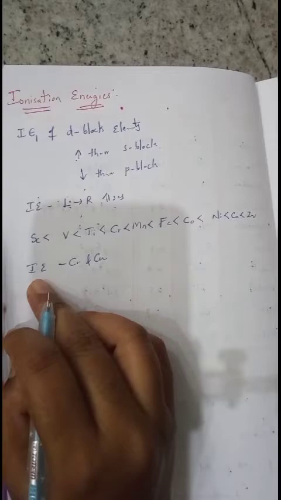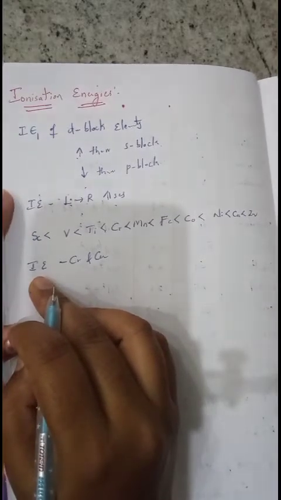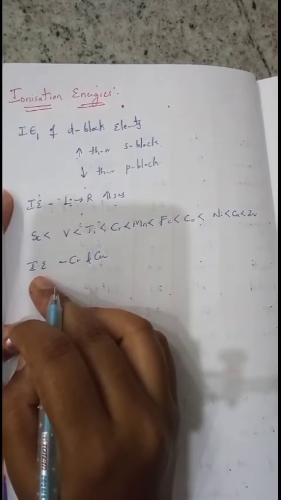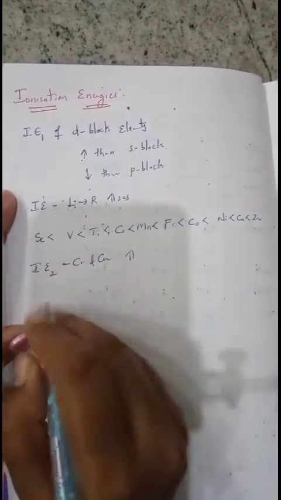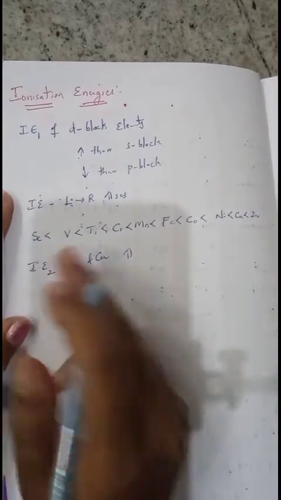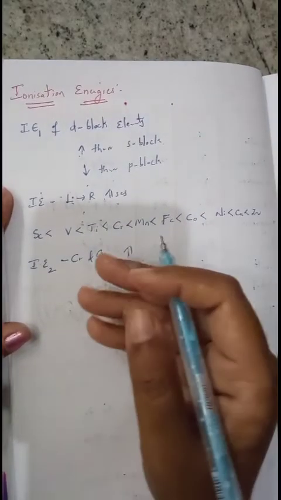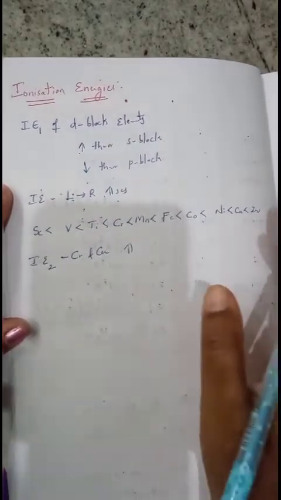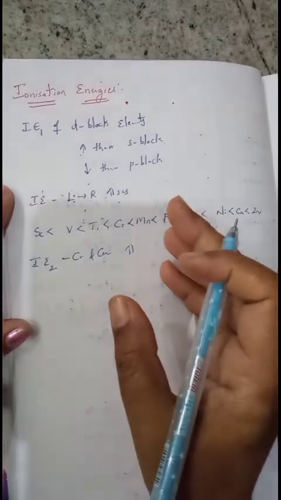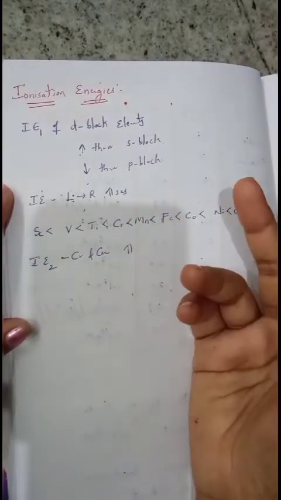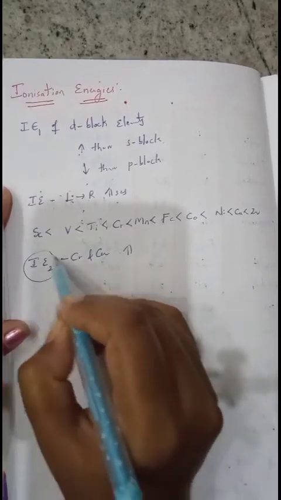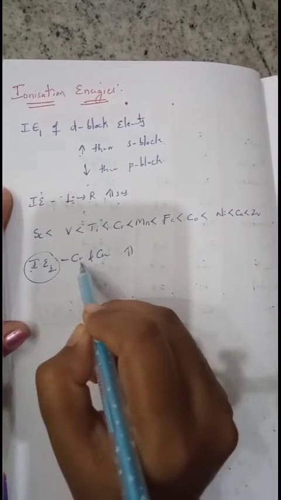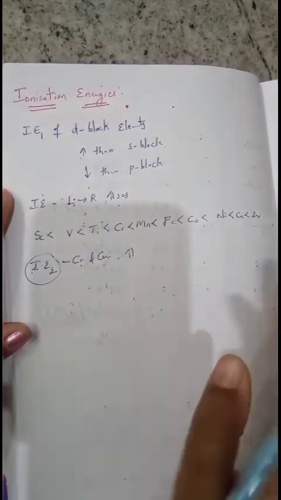The second ionization enthalpy, IE2, of chromium and copper is higher, because by removing one electron they reach a stable half-filled or completely filled configuration. Removing one more electron from that stable configuration requires more energy. That's why the IE2 value is very high for chromium and copper.